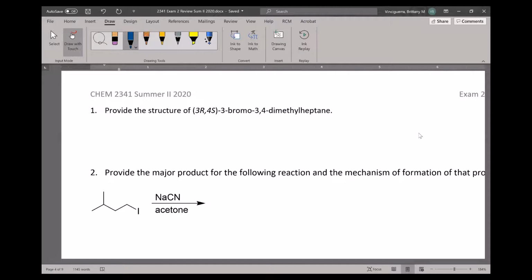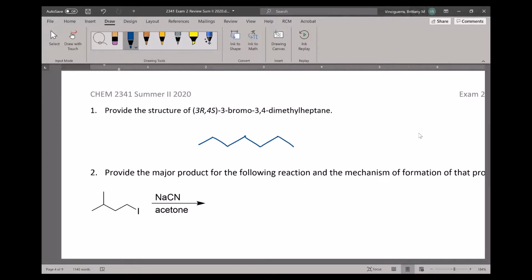So let's start from the ground up. It's going to be a heptane. So how many carbons are there going to be? 6. Mm-hmm. 7, sorry. Okay, I just assumed you were correct and started drawing 7 carbons.